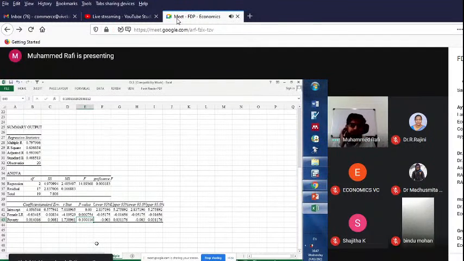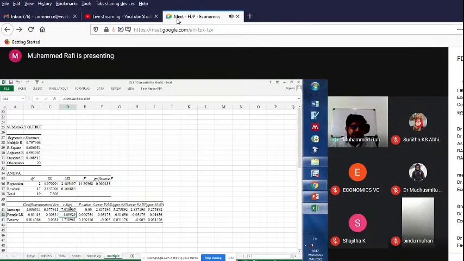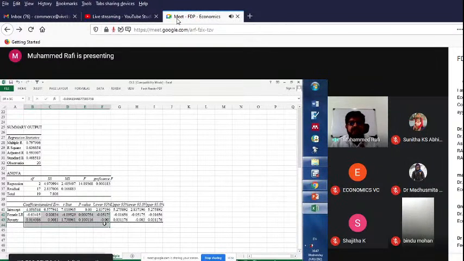So this is how you can interpret, or you can look at the T statistics. Usually when the T statistic is greater than 1.96, the p value will be less than or equal to 0.05. So you can look at the T statistics, or you can look at the standard error and interpret the results. So here there is a slight difference in the interpretation.